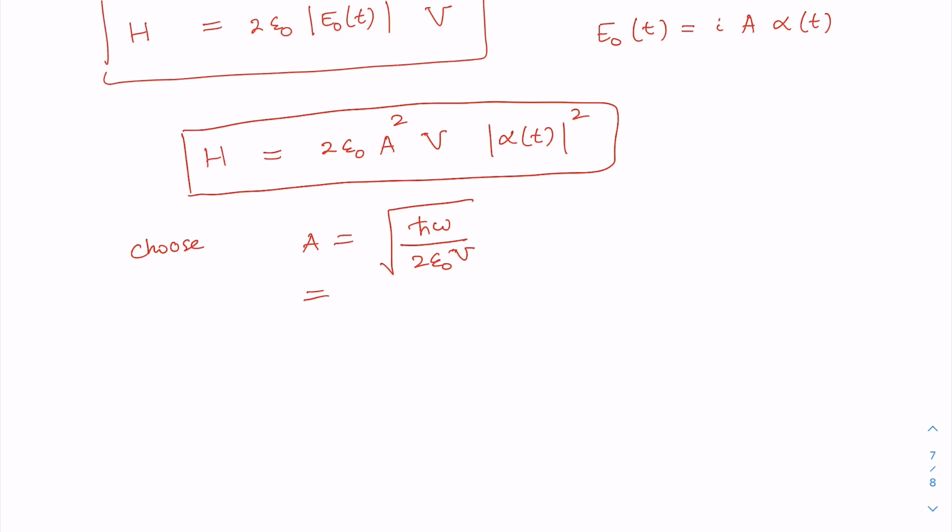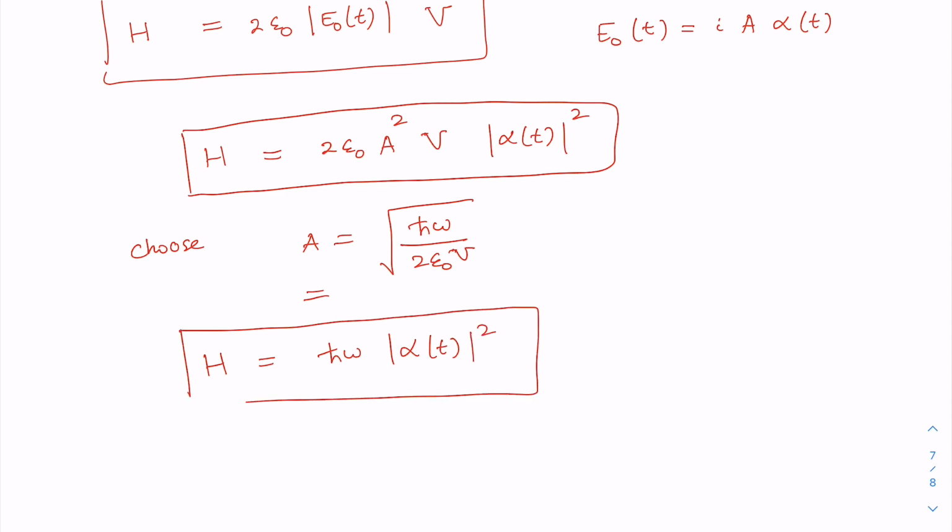Now with this choice of the constant A, this Hamiltonian we can immediately write as h cross omega |alpha t| squared. This is the form we get, and we are still in the classical domain, by the way. Here, h cross omega is the characteristic energy in the problem.